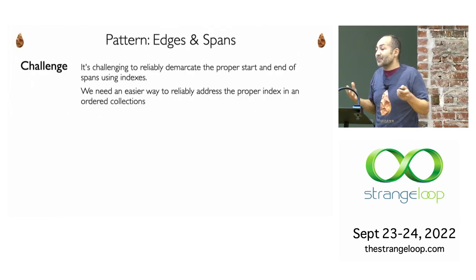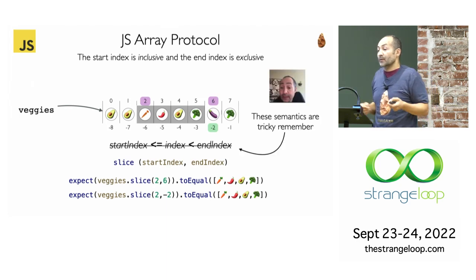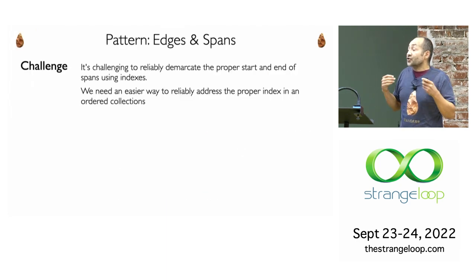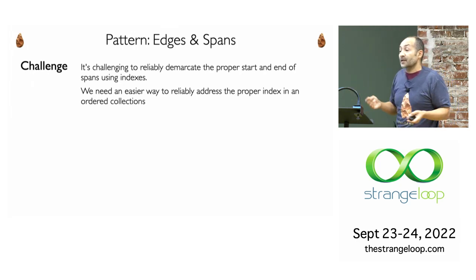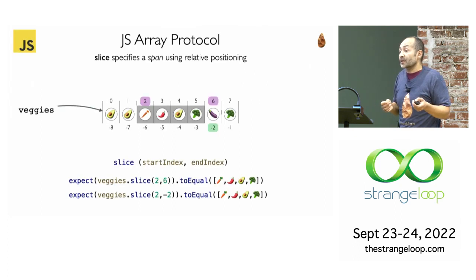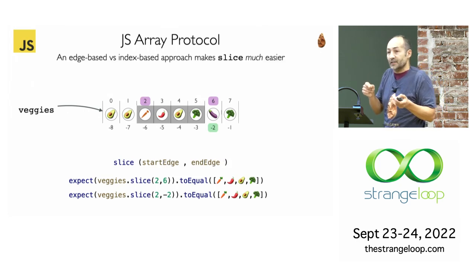But these semantics are hard to remember. So it's challenging to demarcate the proper start and end of a span using indices. We need an easier way to address the proper indexing of an ordered collection. And so remember, slice is declared as start index and end index. But what if instead we say edges?